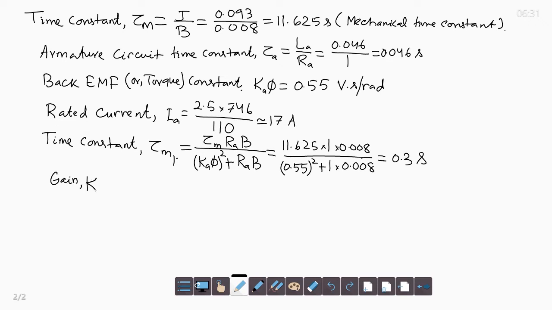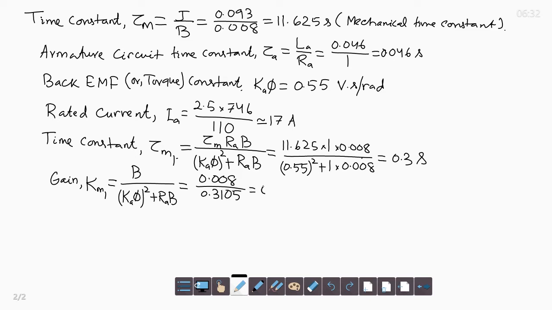Gain Km1 in the figures we have used is Km1 is B divided by K phi square plus RaB. B is 0.008 divided by denominator 0.3105.